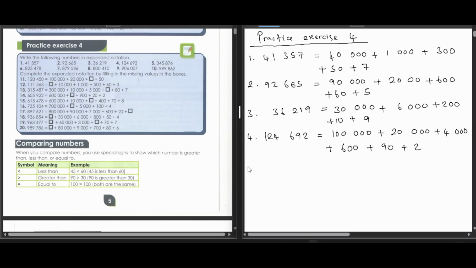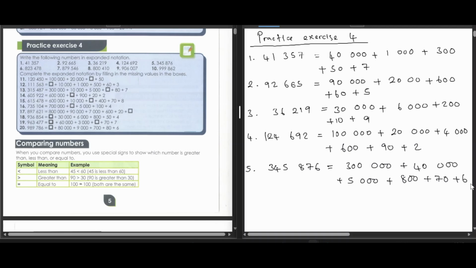Number 5, 345,876 is equal to 300,000 plus 40,000 plus 5,000 plus 800 plus 70 plus 6.